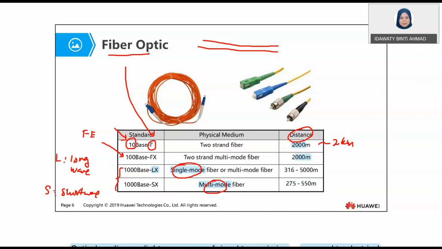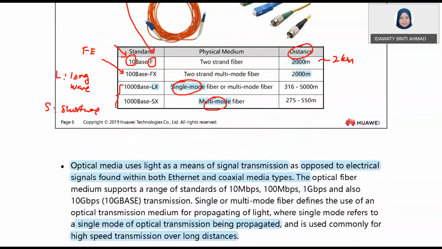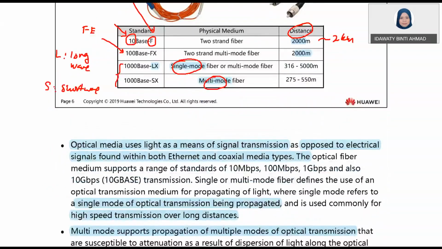Why? Because when you use fiber optic, you use light as a means of signal transmission. It's different from an electrical signal when you use twisted pair. So you use light as the means of signal transmission.